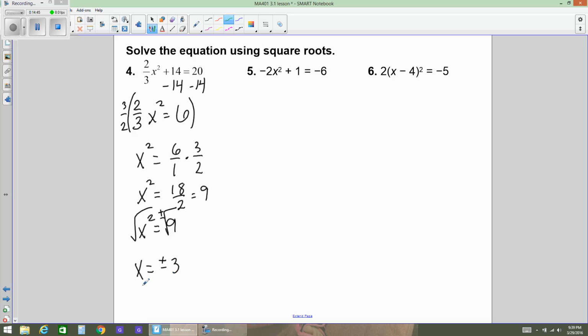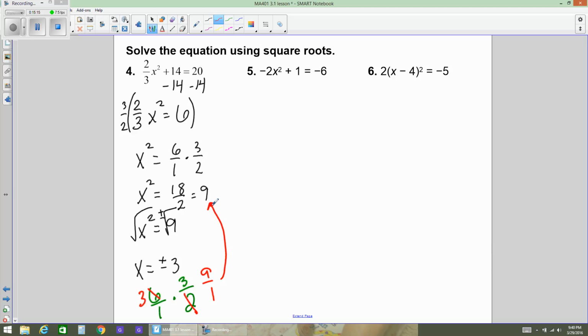Now let's look at this part again really quick. I had 6/1 times 3/2, and because it's multiplication, you're allowed to say that 2 goes into 6 3 times, in which case you would get 9 over 1, which is just the 9 we already had.